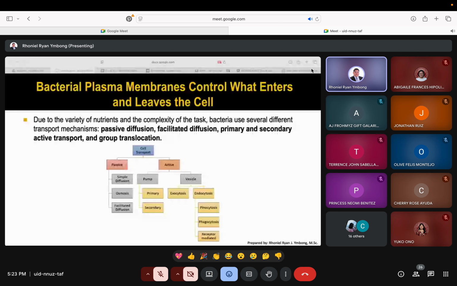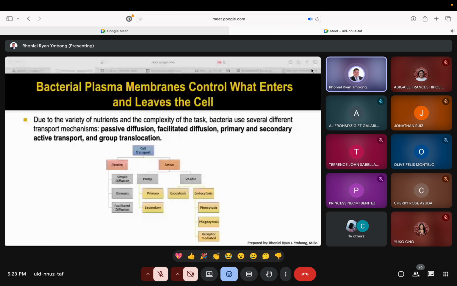When you go to active transport, this can be divided into two types. First, your pumps, and then you also have vesicular transport. Under the pumps, these are your primary active transport and secondary active transport.